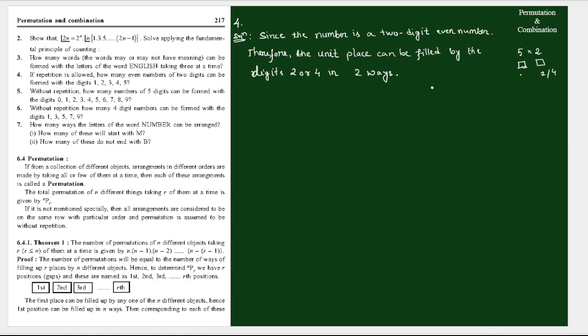Now the tens place is left. The tens place can be filled by the digits 1, 2, 3, 4, 5 in 5 different ways, or in 5 ways.